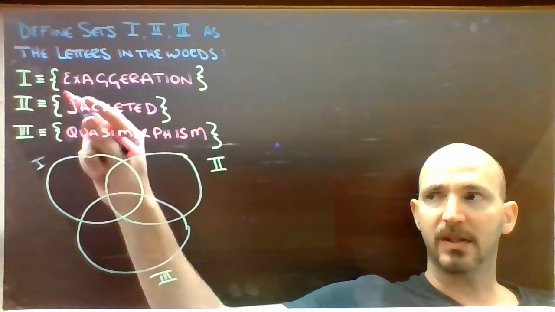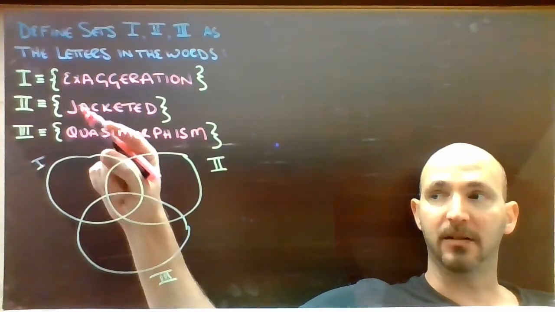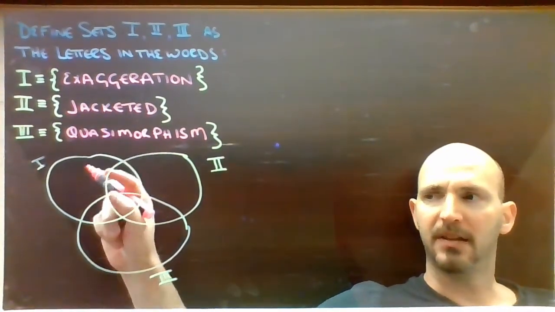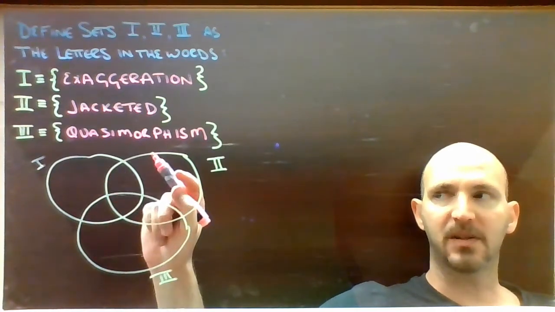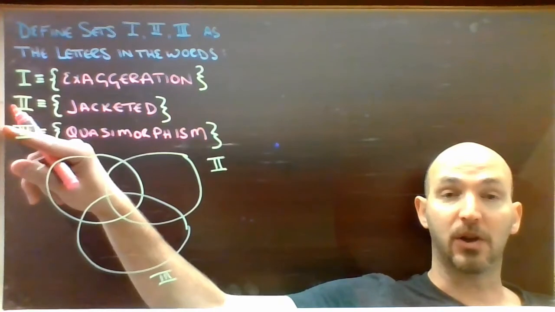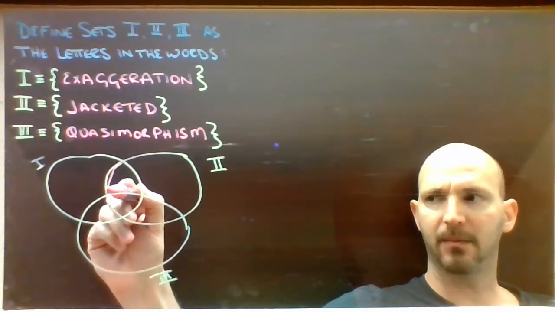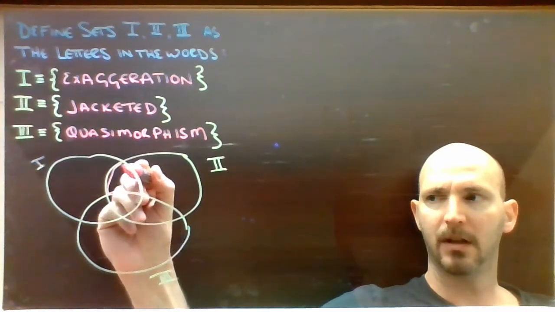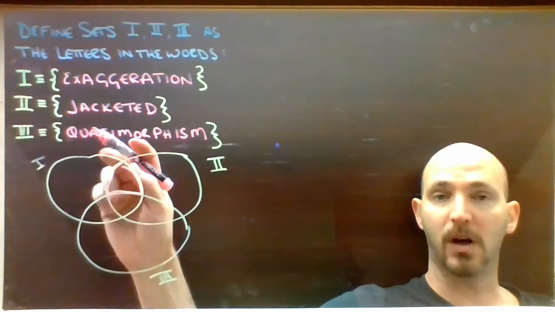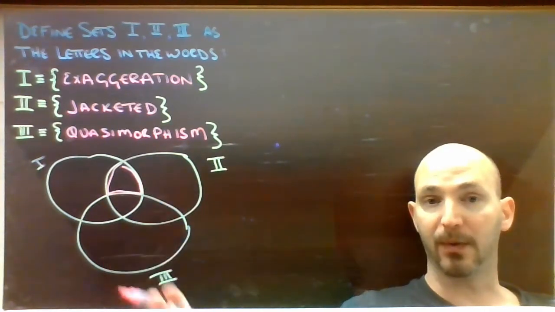So you notice that there is an E in both exaggeration and jacketed, but not quasimorphism. So in this diagram, the place where I am in 1 and 2, but not 3, is right here. This segment here. Notice it is within the circle for 1, within the circle for 2, but not inside the circle for 3.